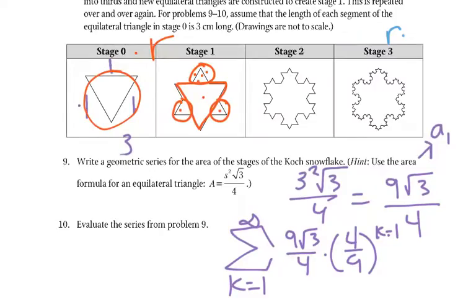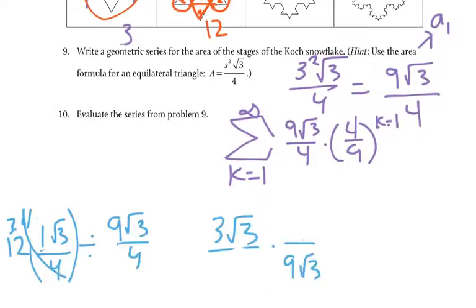Then if we kept splitting these up, that's what I did, you end up creating 1, 2, 3, 4, 5, 6, 7, 8, 9, 10, 11, 12 of those smaller triangles.